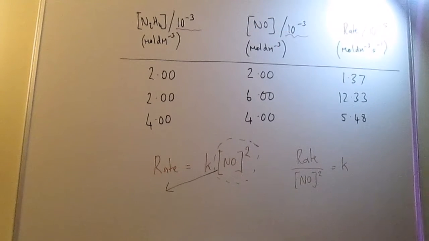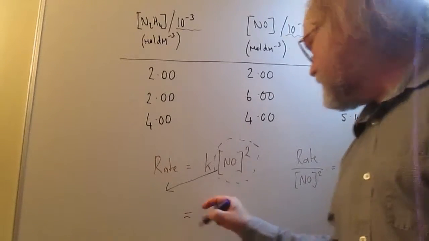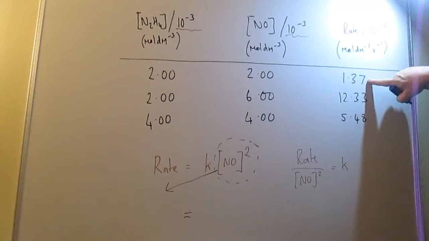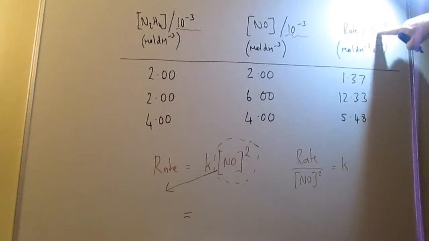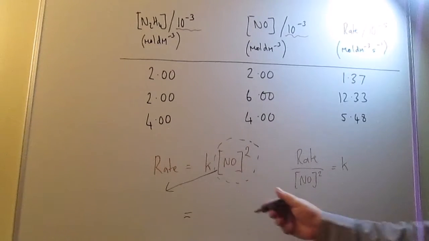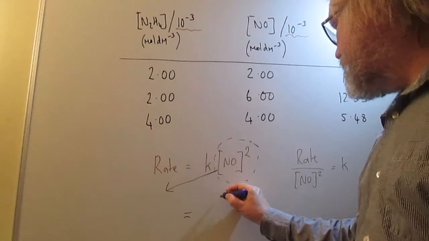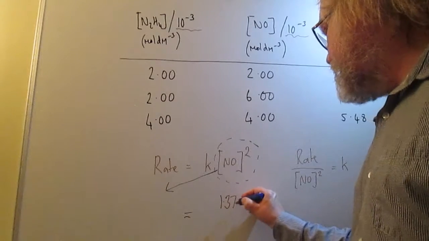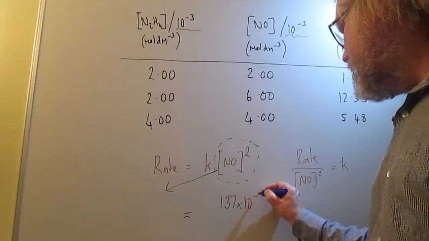So if we choose the first experiment and we're going to put the numbers into this equation, we say, right, the rate is actually not 1.37, that's after it's been divided by 10 to the minus 5, so we have to multiply by 10 to the minus 5 to turn it into the original number, to, if you like, undo that correction that was made. So we say that's equal to 1.37 times 10 to the minus 5 is the rate.